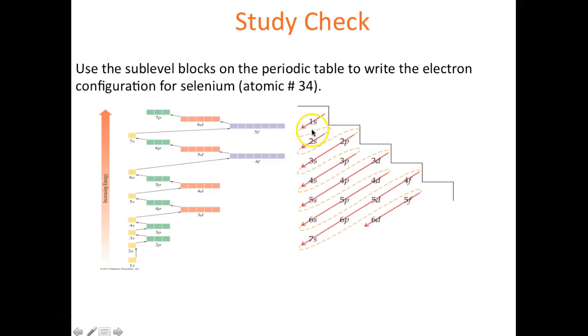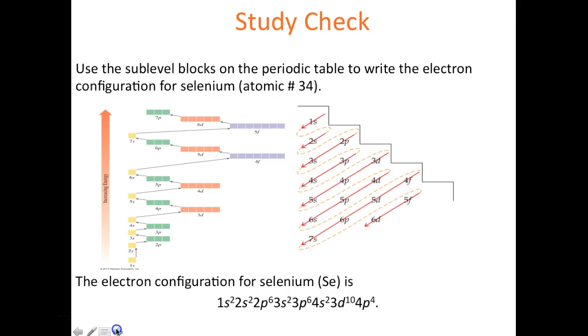All right, so 1s2, 2s2, 2p6, 3s2, 3p6, 4s2, 3d10, and 4p4.